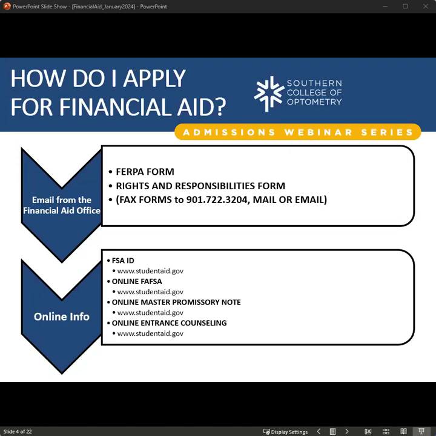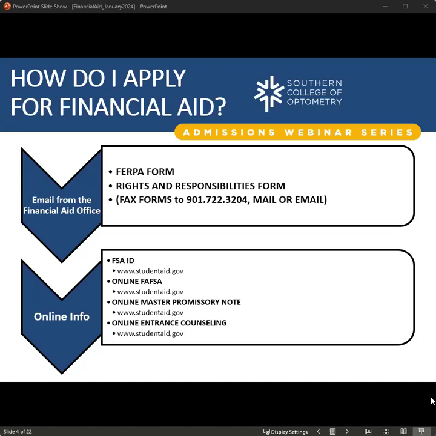I will be sending out information with instructions on how to access Net Partner, and you will find those forms there. Also, you will need a Federal Student Aid FSA ID if you don't have one already. That is how you will sign your FAFSA. You can obtain that ID at studentaid.gov.